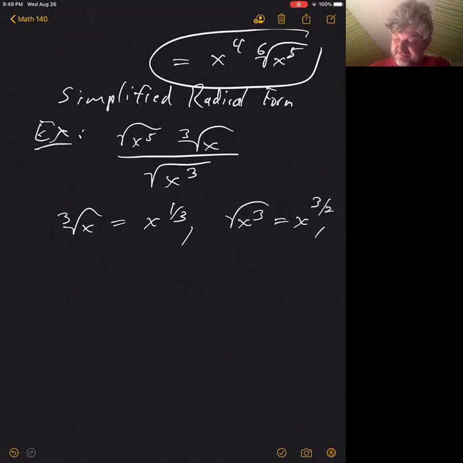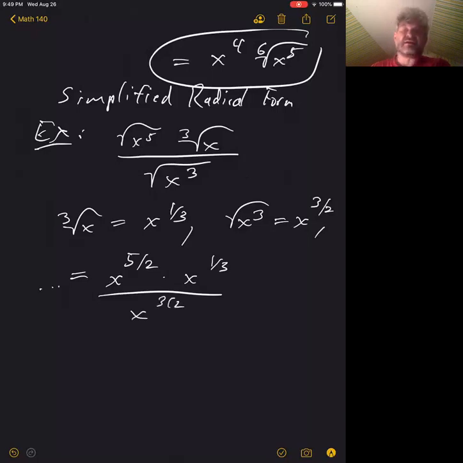So what do we have? My expression is equal to x to the 5/2 times x to the 1/3 divided by x to the 3/2. Now comes the rule for negative exponents, or dividing by powers.